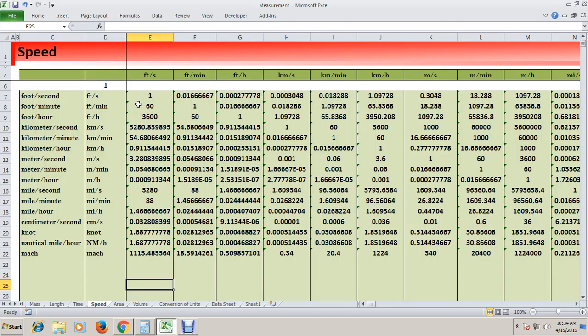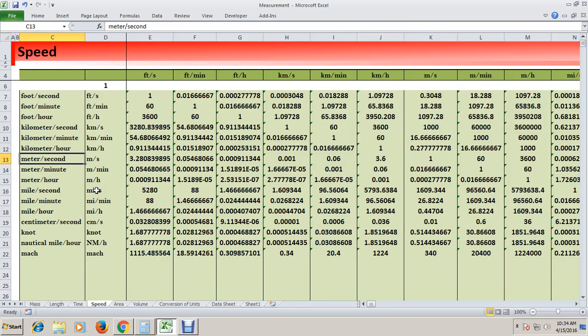Let us have first the speed. The standard for measuring length is the meter. The standard for measuring time is the second. Therefore, the standard for measuring speed is meter per second.